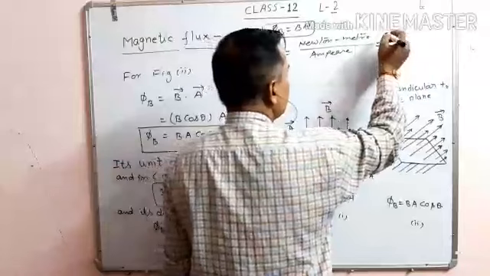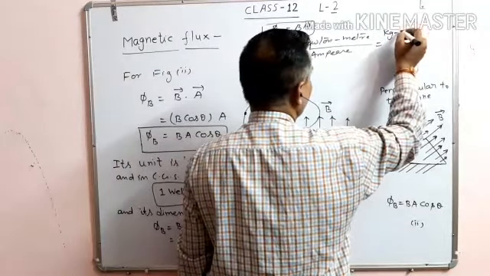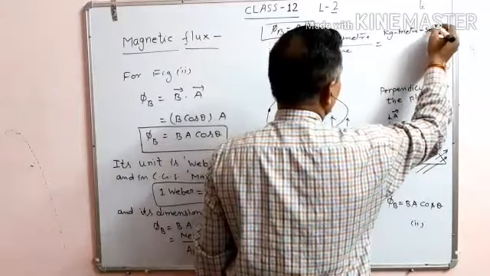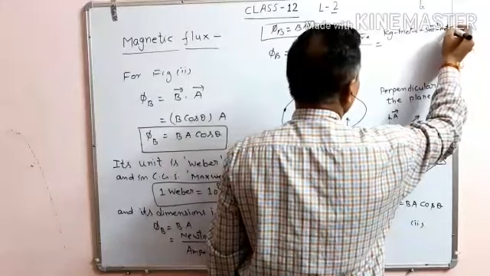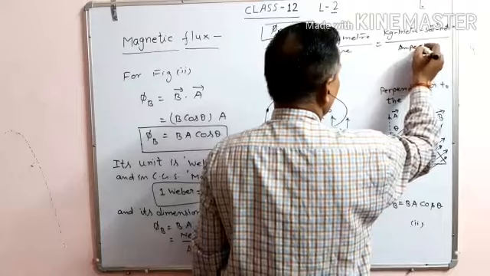But you know Newton is kilogram meter per second power minus 2, into meter upon ampere.